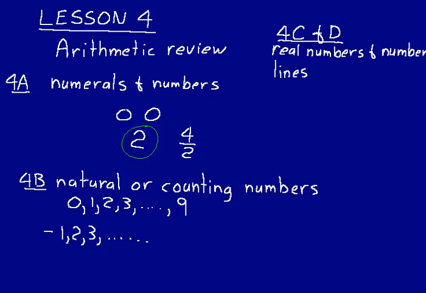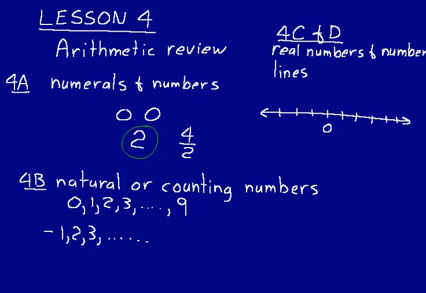Another set of numbers are called real numbers, and a good way to understand real numbers is by using something called a number line. Now, I'm sure you're familiar with number lines. It's just a line, and it's kind of like a ruler, except it doesn't have ends on it, and you can just put tick marks on this line to represent specific locations. For example, we'll start here and we'll call that 0.